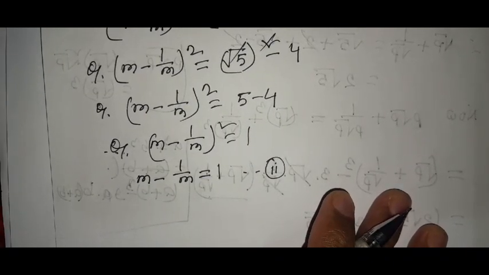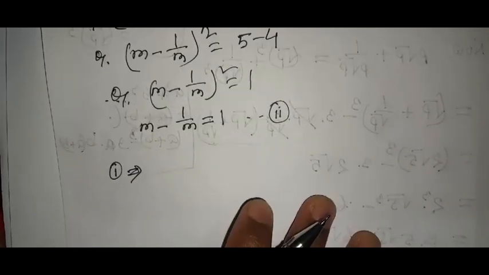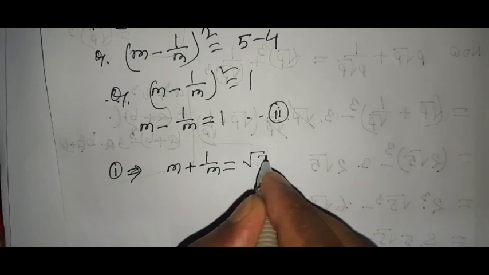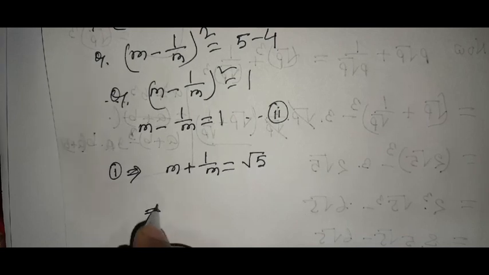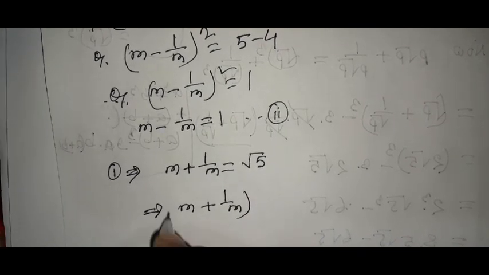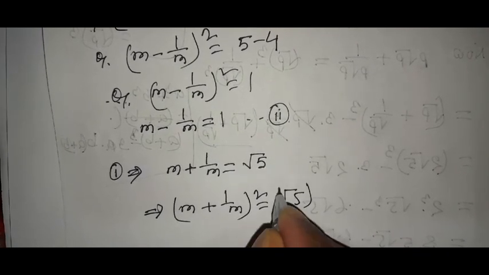Now we can write from equation number 1: m + 1/m is equal to √5. Squaring both sides, we can write (m + 1/m)² is equal to (√5)². So we can write m² + 1/m² + 2 × m × 1/m is equal to 5.